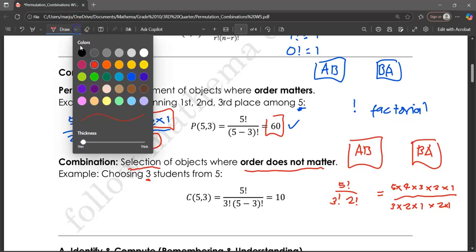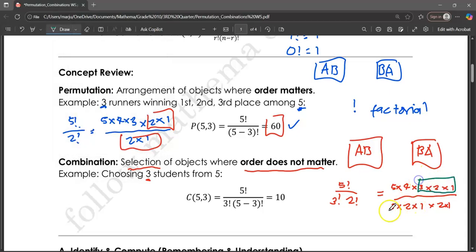And again, since we are doing multiplication, we are allowed to cancel this one out. This is 3 factorial, right? And this is 3 factorial. So we are left with 5 times 4, that is actually 20, over 2 times 1, that is 2. And indeed, that will give us 10. I hope the concepts are clear.